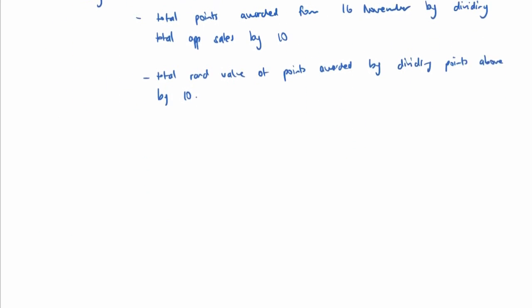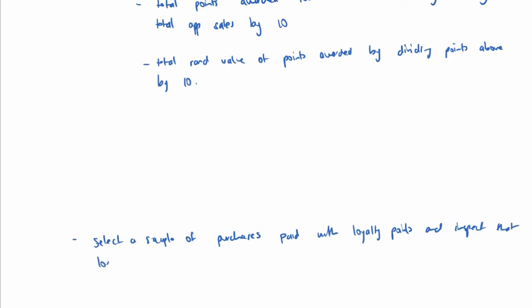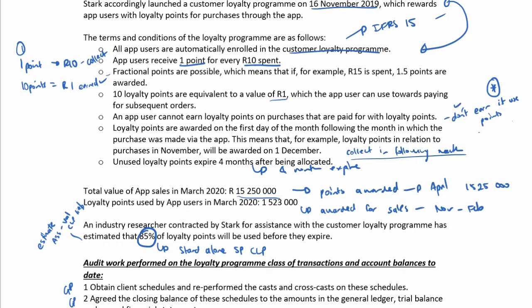So I'm just going to leave some space here and I'm going to say select a sample of purchases paid with loyalty points and inspect that loyalty points were not awarded on that purchase. So I've now tested that.